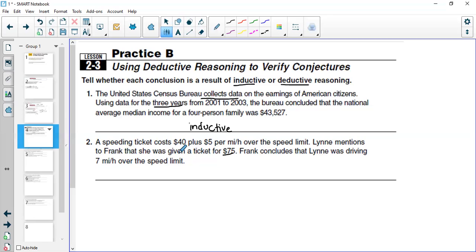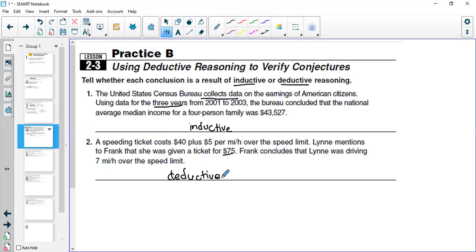All these things are connected to deductive reasoning, because he's using his logic to find out how much over the speed limit Lynn went. So this is deductive reasoning because he's using logic to draw conclusions about what happened, how much she sped up. So it's not a pattern. He did not say, okay, she went this much the first hour, this much the second hour. He didn't do that.